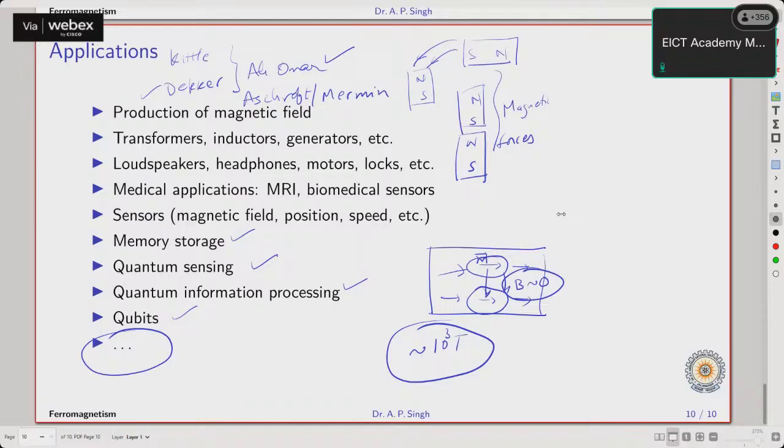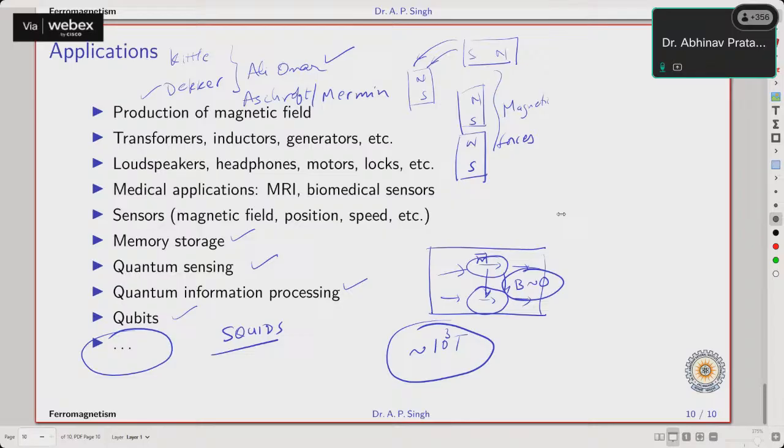Okay, thank you, sir. Sir, the next question is, in the perspective of quantum sensing, how can we measure its magnetic dipole variation at quantum level? At quantum level, you have machines which are called SQUIDs. SQUIDs are basically based on the Josephson effect. You might be reading later on, and maybe you will read about SQUIDs also. These are very, very sensitive instruments which can measure very, very small magnetic fields.